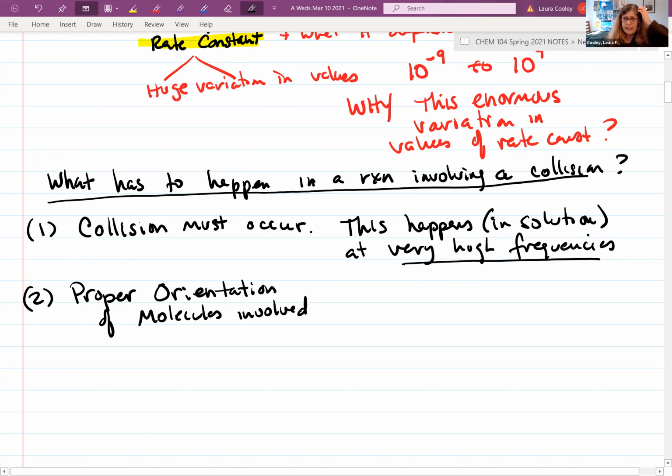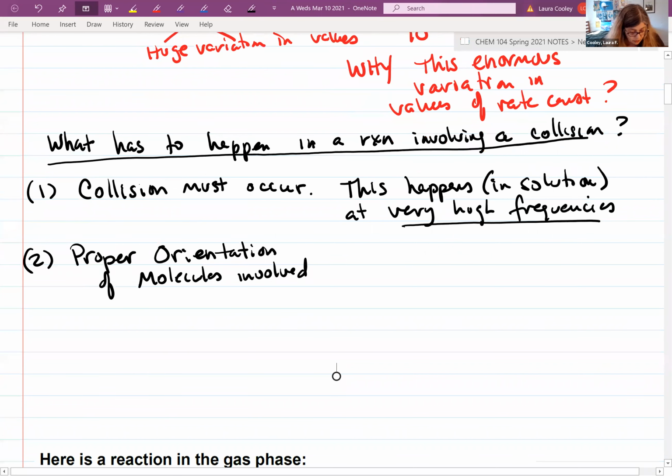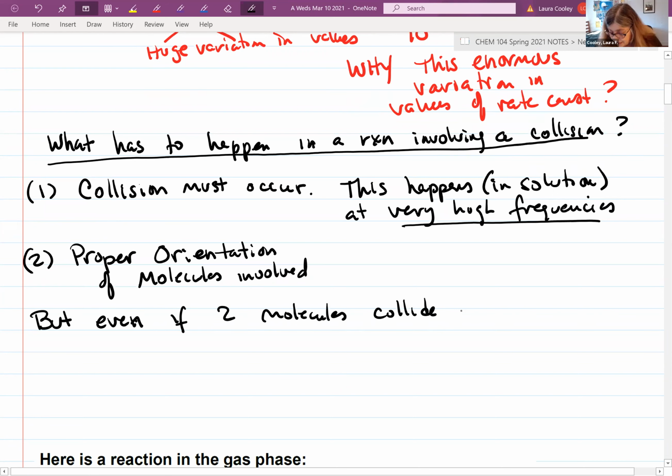I'm going to show you an example very shortly, so you can hold off on that one, because I want to give you the third thing that has to happen. Even if two molecules collide and have the proper orientation, they still might not react.